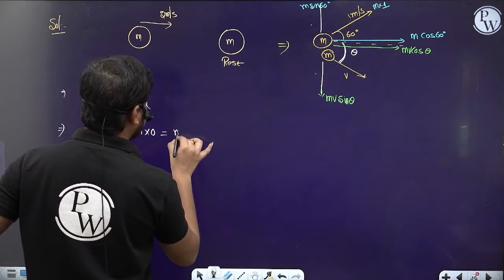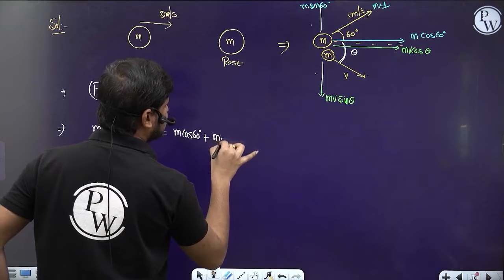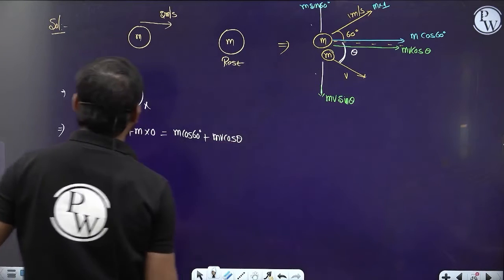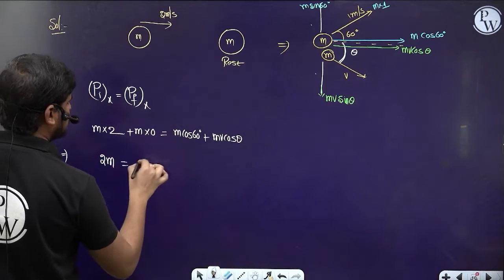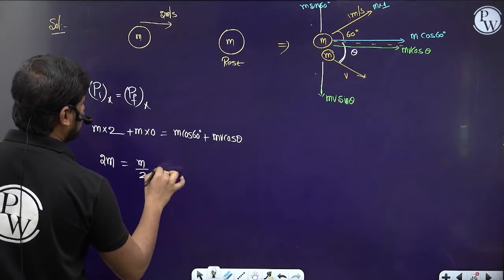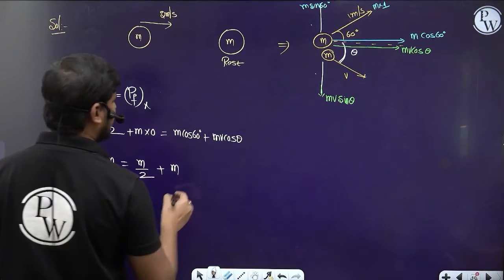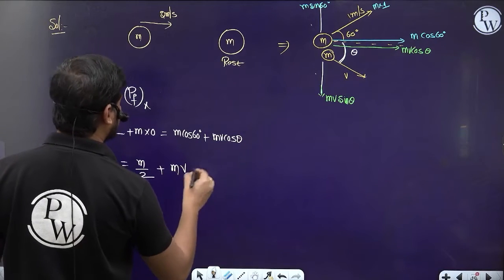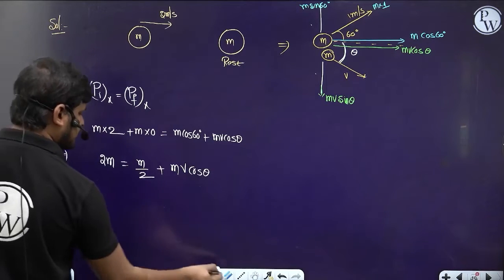I can write m cos 60 degrees plus mv cos theta. So from here you can simply write 2m equals m by 2 plus mv cos theta. Mass let it be m, and the velocity we have to find, so cos theta from here. Let's bring this to this side.